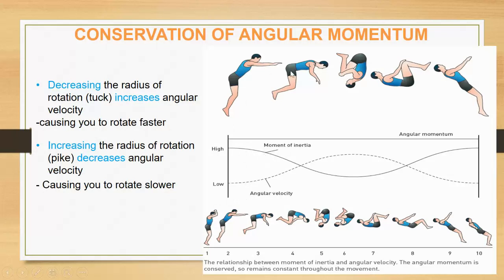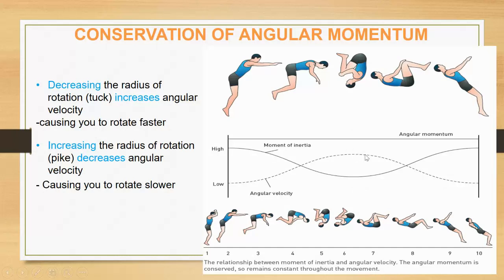But as his moment of inertia decreases, as he starts to squash into a little ball, the speed at which he rotates around starts to increase. And you can see that his peak angular velocity is exactly in line with his smallest moment of inertia. So when he's tucked in the smallest, he is able to rotate the fastest. His angular velocity is the highest.